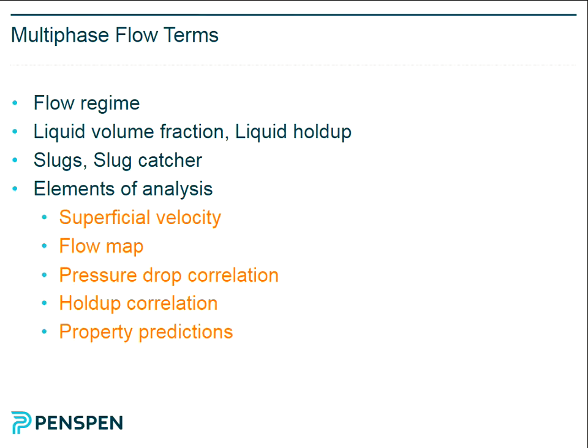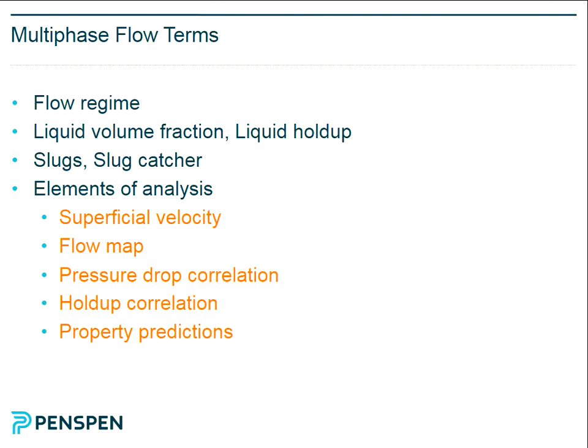So hold up has various correlations. What this chart is demonstrating is a very strong function of slope. This is the angle of the pipe from the horizontal to the vertical, minus 90, plus 90, and this is the liquid hold up fraction.